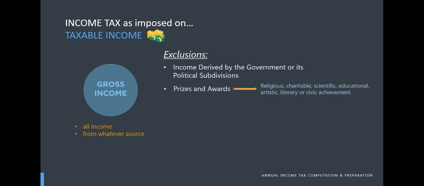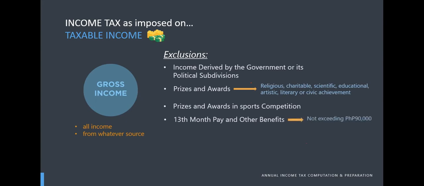Prizes and awards. The prizes and awards must be of religious, charitable, scientific, educational, artistic, literary, or civic achievement for it to be excluded. Prizes and awards in sports competition, 13th month pay and other benefits, but not exceeding the 90,000.